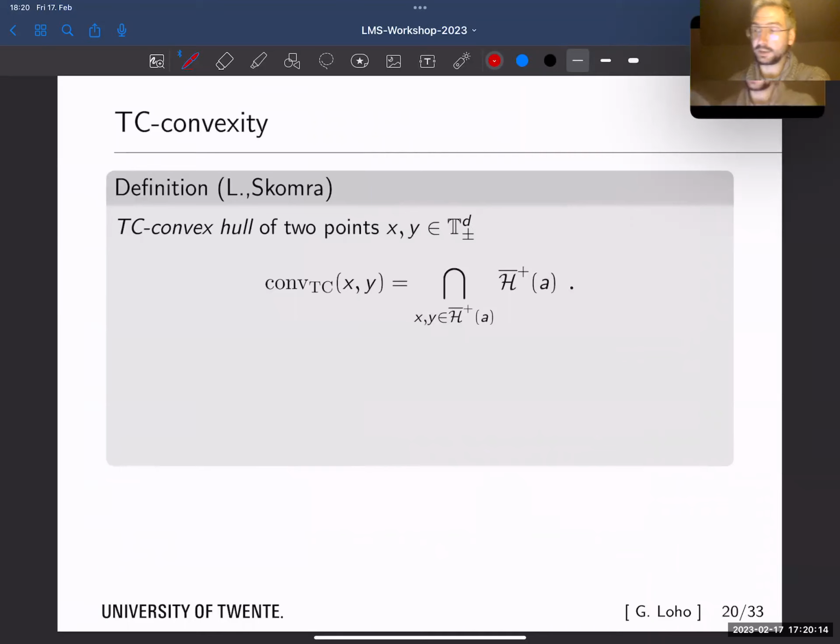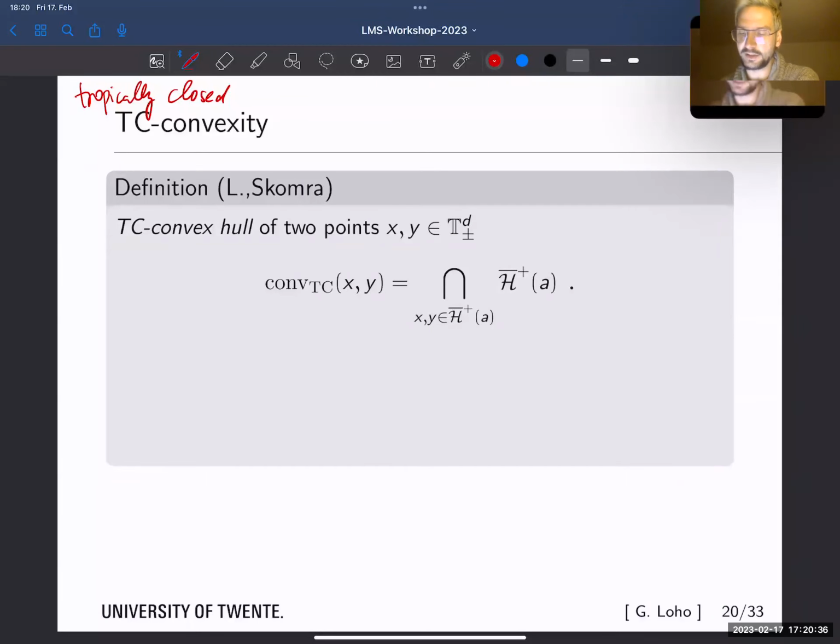So let's look at a convexity which is given by these closed half spaces, which we coined TC because of tropically closed. We look at tropically closed half spaces. But there are several subtleties.